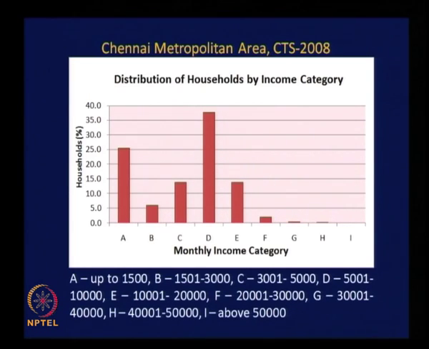This is the income distribution in the same city based on the same study, CTS 2008. We find that about 25% of the households have income of 1,500 or less per month.